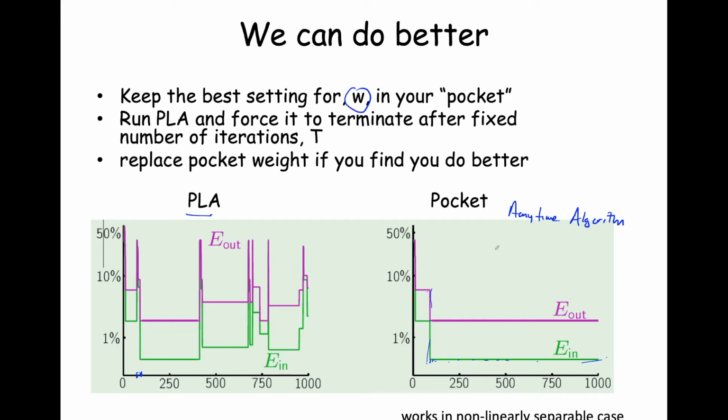We can dramatically improve it just by the addition of a single variable or single register, namely the pocket. And so this is called pocket-PLA, and we can absolutely make a dramatic improvement on PLA's accuracy, performance, as well as stability just by making this one simple addition in the pocket variable.